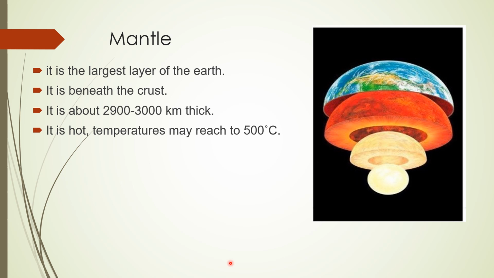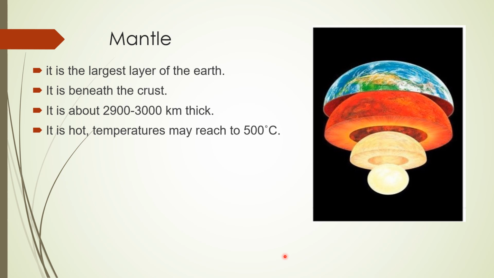Another thing it says is that it is hot. So it brings us back to the intensity of the color orange. It shows us that it is hot. The intensity of this color resembles the hotness of the mantle.